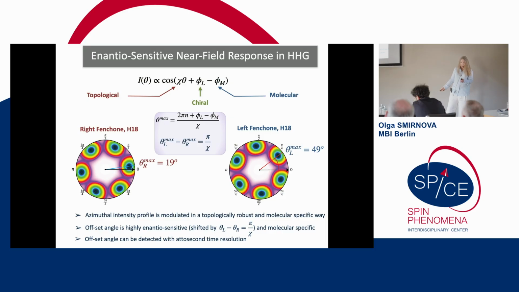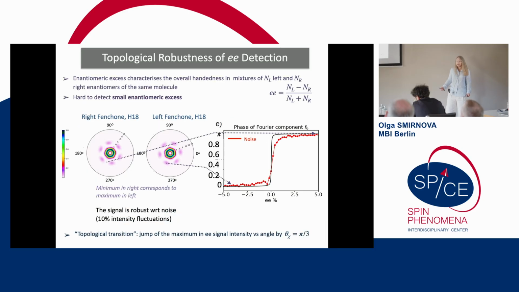Now we can also apply it to measuring a figure of merit, which is interesting, for example, for testing these biomarkers, and this is the enantiomeric excess. So in a mixture of left and right, it is the difference between left and right normalized by the sum.